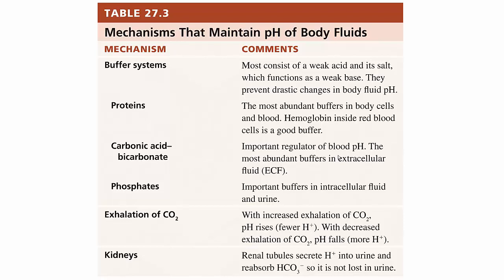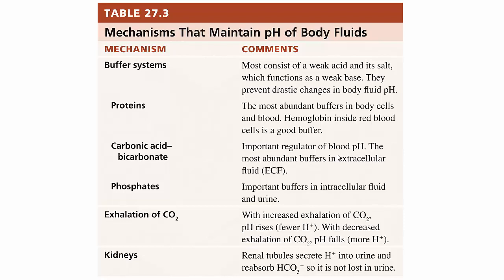In the tissues, including the kidneys, this reaction goes to the left, where the hydrogen and the bicarbonate are produced. In the lungs, this reaction goes to the right, where the carbon dioxide is breathed off or exhaled. In the blood, when we look at this, the bicarbonate to the carbonic acid is a 20-to-1 ratio. So there should be a lot more of the bicarbonate, the weak base, than there should be the acid.